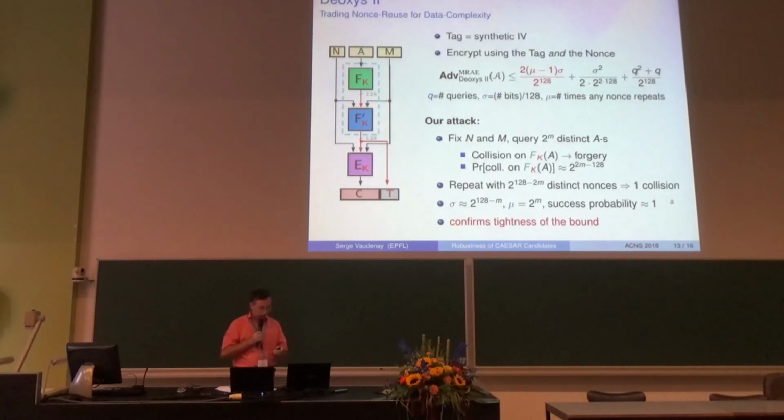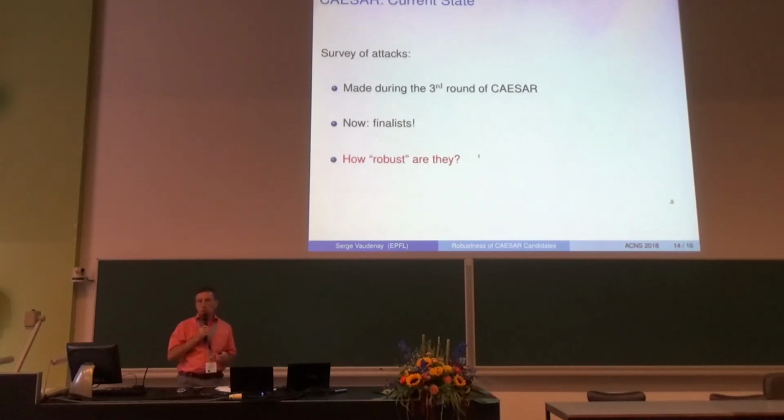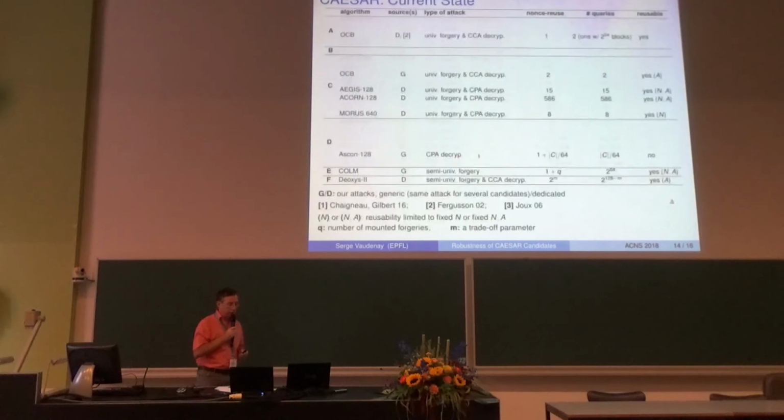And so now we announce a finalist of CAESAR. So in the current state, this analysis was made with the third round candidates, and now we have some finalists. So we can wonder, where are the finalists in the table? So the finalists are here. So you have OCB, AEGIS 128, ACORN 128, Deoxys, ASCON 128, Colm, and DXIS2.